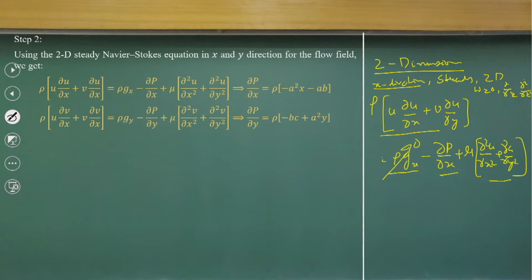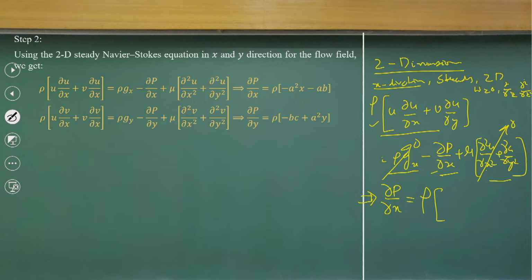So what do I have? The second partial derivatives of u with respect to x and y will all be 0, just by looking at the functions. Okay. So only these two terms remain. As I have the two terms, if I just rearrange, I will get del p by del x equal to rho times, this is what comes from the convective acceleration terms.